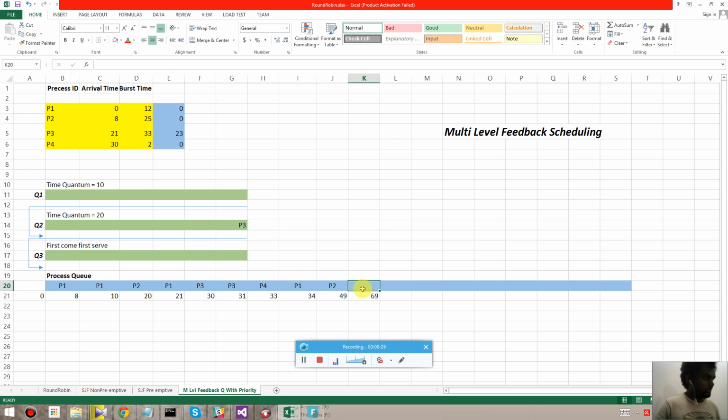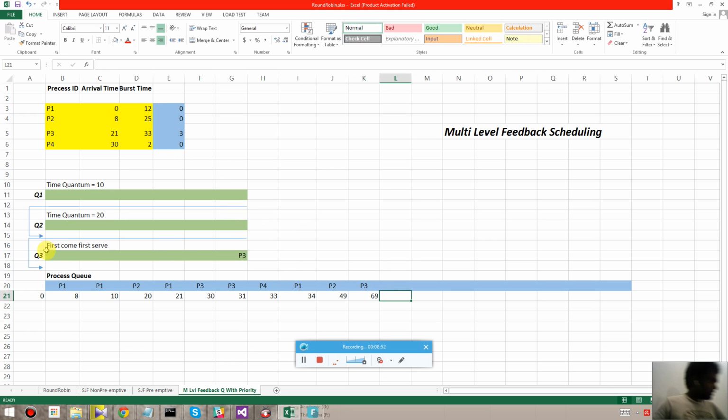So till time 69 process P3 will be running in the CPU, and by time 69 the time quantum will be expired for P3 in Q2, so I have to move P3 from here to Q3, and mark the remaining time as 3.